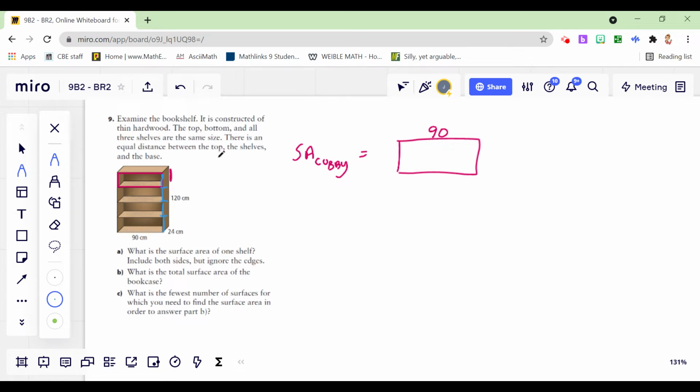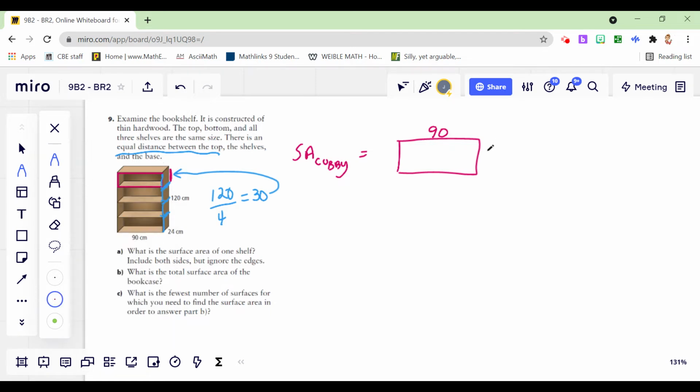And it says that they are equal distance between the top shelves. So that would mean that if we wanted to find this height here, we would just take it and divide by 4. So 120 divided by 4 is equal to 30. So this height here would be 30.